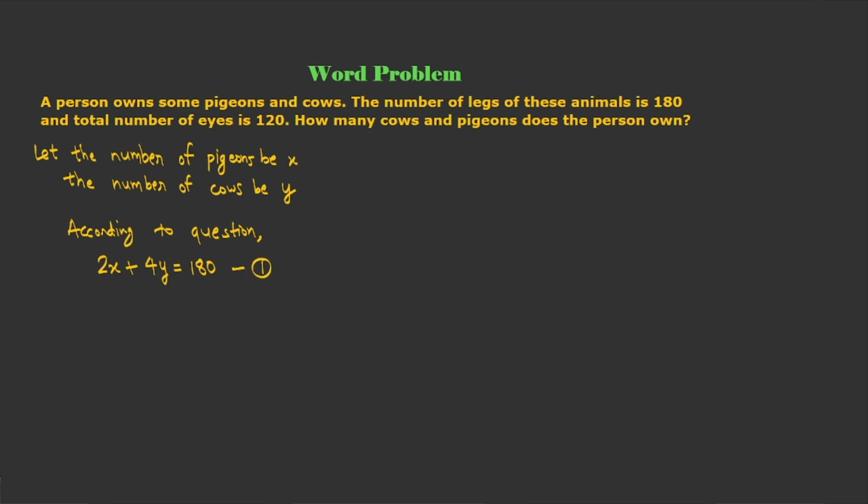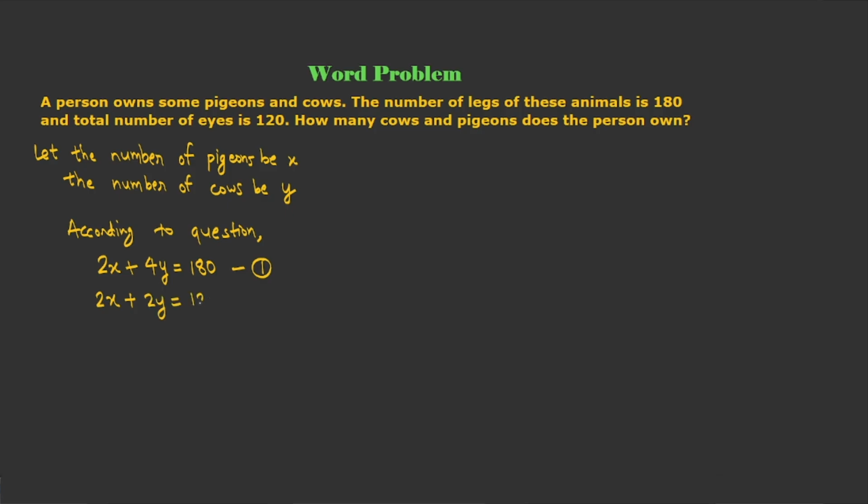And it is given that the total number of eyes is 120. The number of eyes of a pigeon is 2, so X pigeons will have 2x eyes. In the same way, one cow has 2 eyes and Y cows will have 2y eyes.